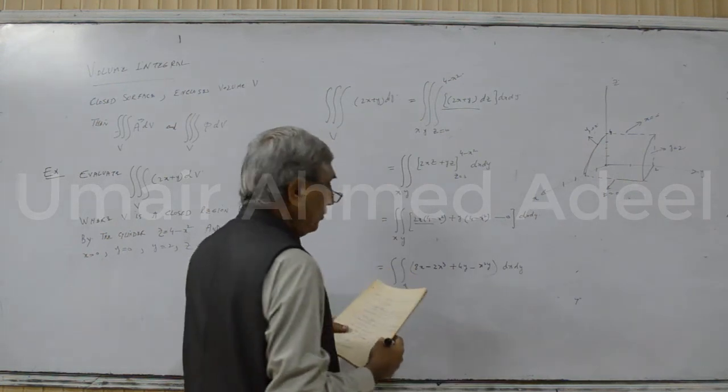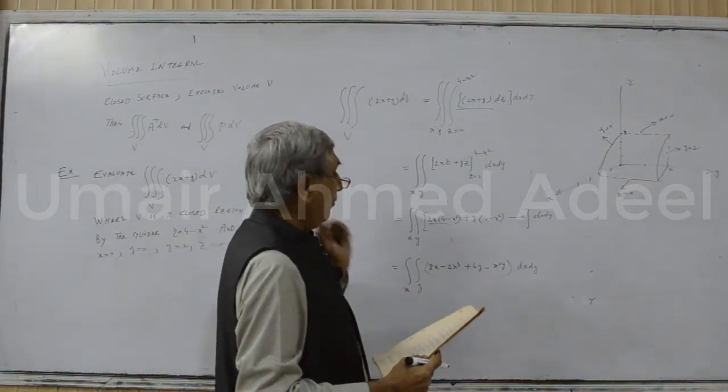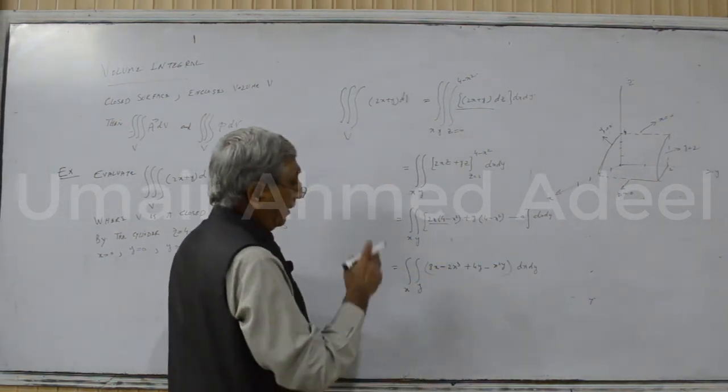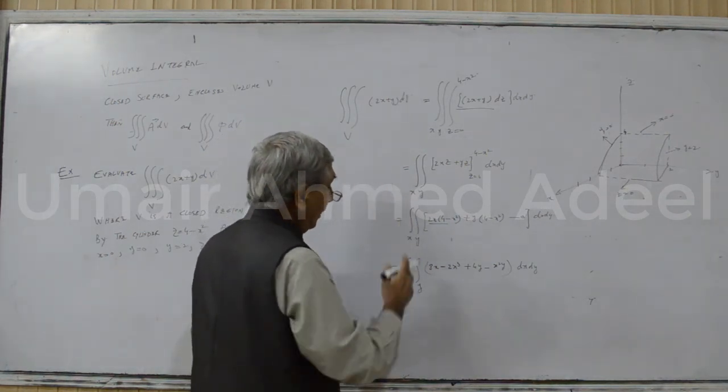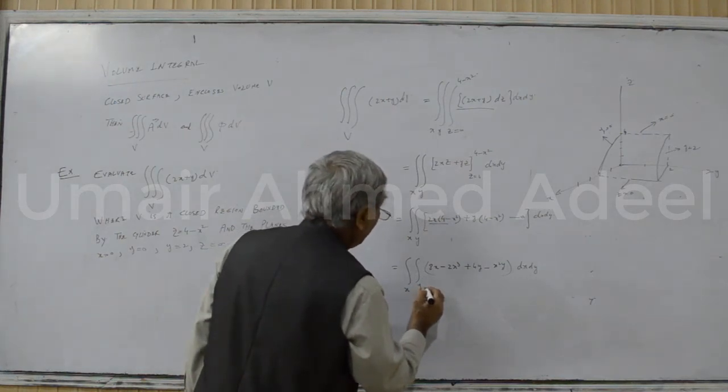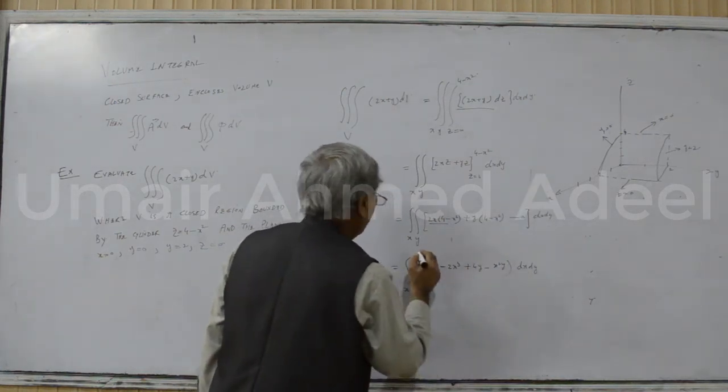Now, there is no functional relationship between x and y, so it doesn't matter whether you integrate first over y or x. So let's integrate over y, and y is ranging from 0 to 2.